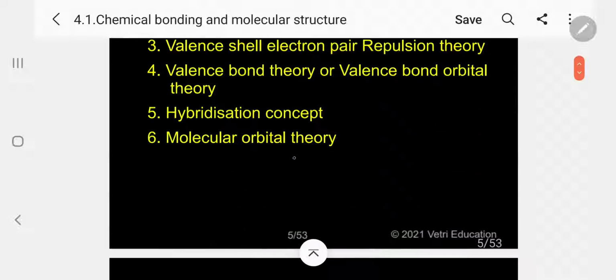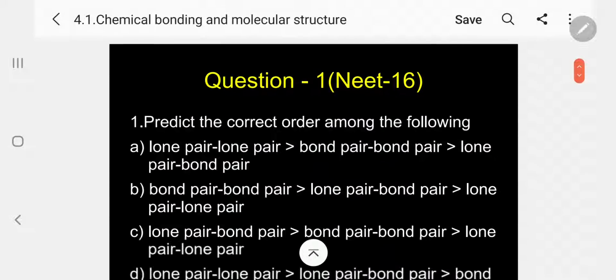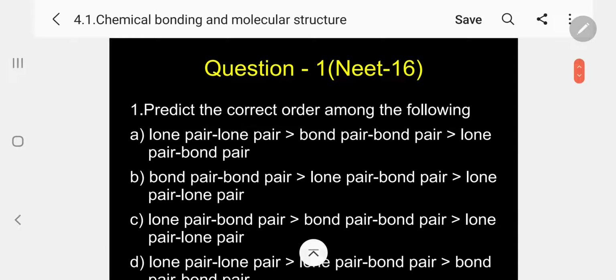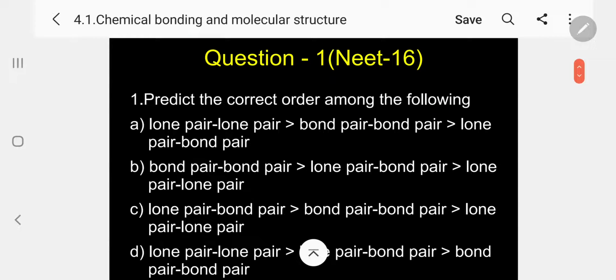As usual, the first question asked from the NEET. This is the question asked in the year 2016. What is the question? Kindly follow. Let me read the question. Predict the correct order among the following. A. Lone pair greater than lone pair bond pair greater than bond pair.